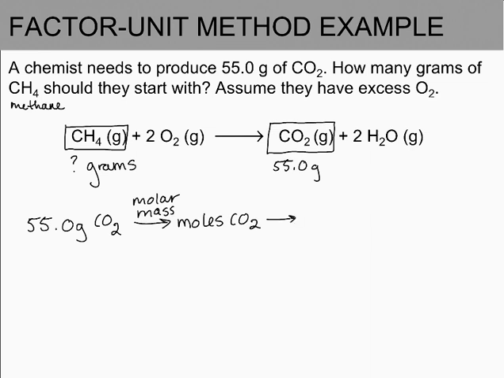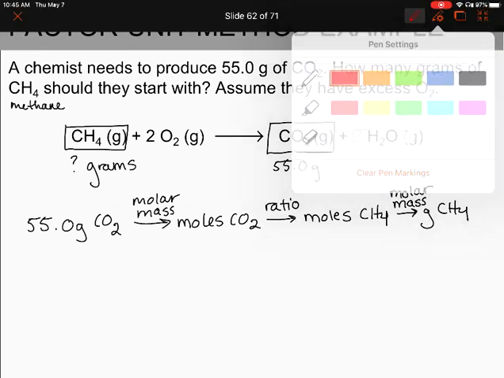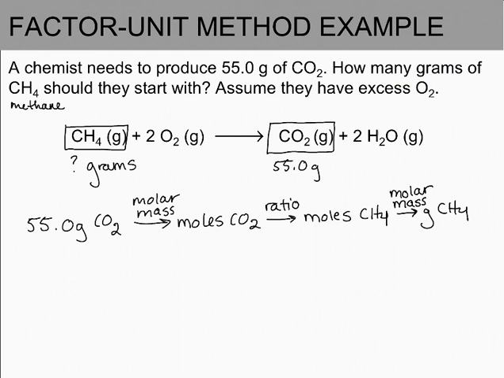In the second step, we're going to convert moles of CO2 to moles of CH4, which is what we're interested in, so we'll need the ratio between the two. And then finally, we can convert moles of CH4 to grams of CH4, but to do that, we need the molar mass of CH4. So let's calculate the molar mass of CO2 and then the molar mass of CH4.